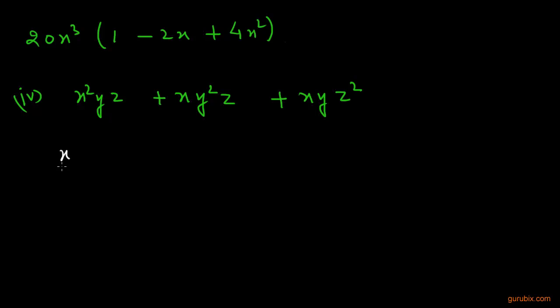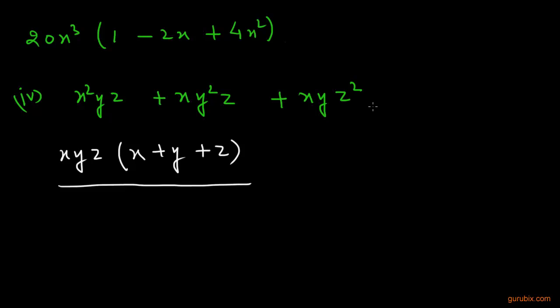So if we find the HCF of these three terms, we take the smaller power, so we take common x, y and z. So here there remains x, and here there remains plus y, and here there remains z. So this is the factorization of this algebraic expression.